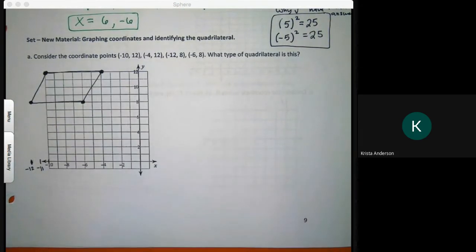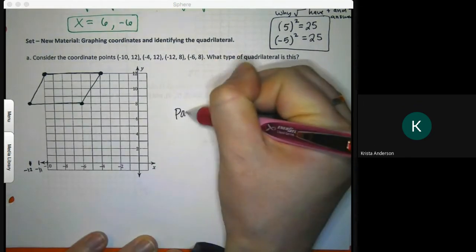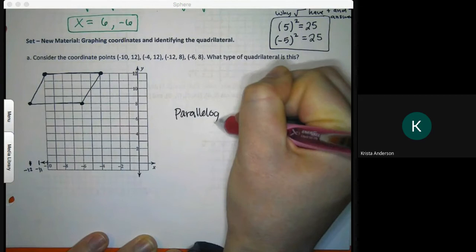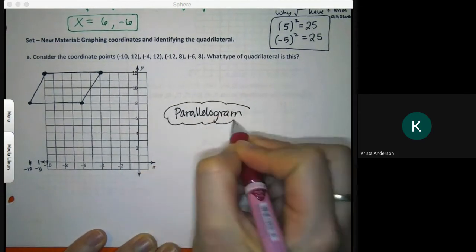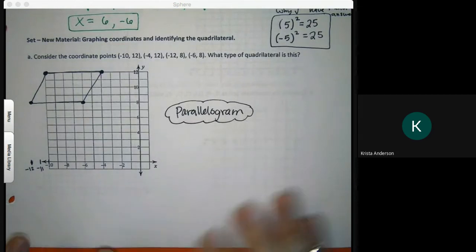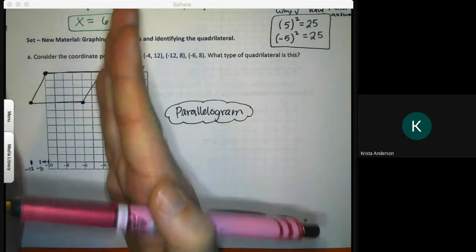Does anybody know what shape that is? Good job, it's a parallelogram. Why is it not a rectangle? It's not vertical. It doesn't make 90-degree angles in our corners.